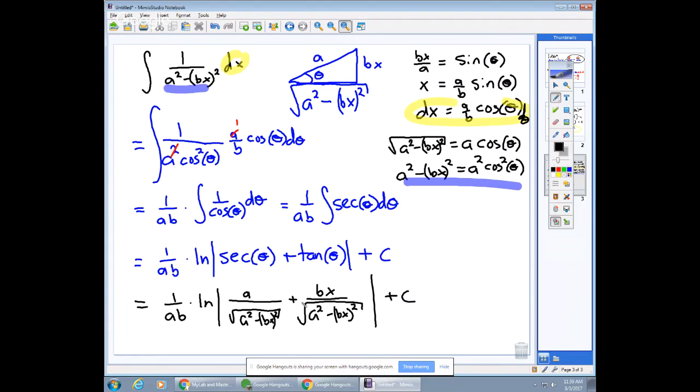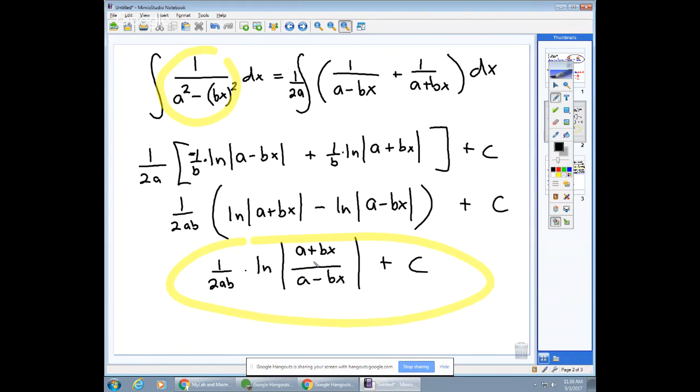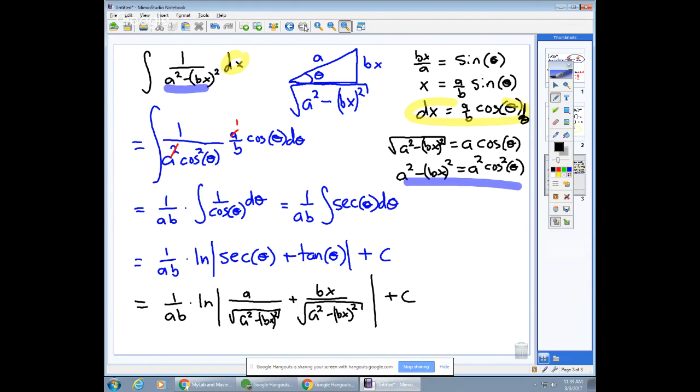And somehow that is equal to this. So let's see. I'm just going to clean it up a little bit and see what happens.